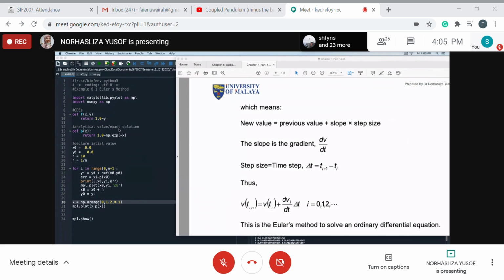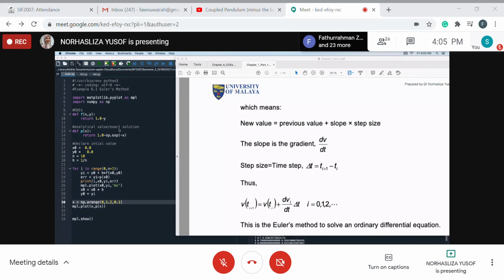So instead of f(x, y), it becomes f(t, v). That is our function. And the equation is actually our slope, our gradient, so that is what you should put in the return.